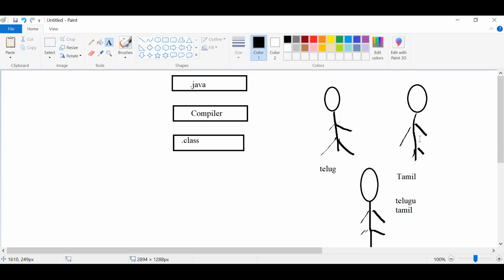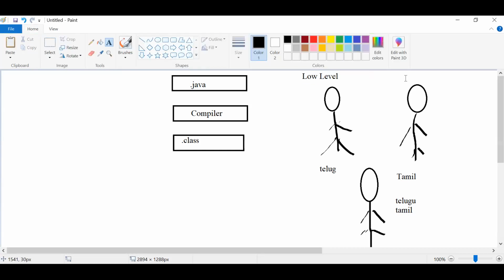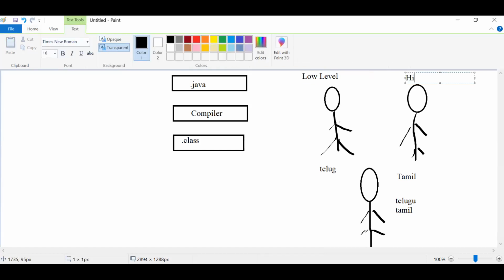Yes or no? Yes. So in programming, there is machine level programming and human level programming, that is low level programming and high level programming. Human understanding language is low level, and machine level is the high level language.